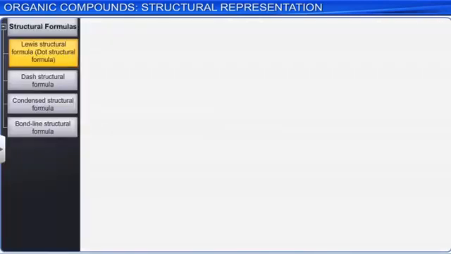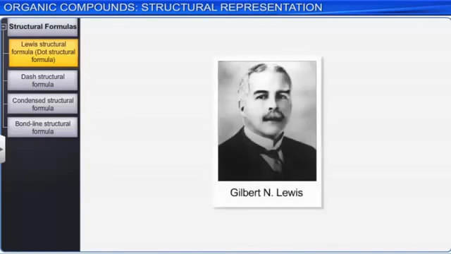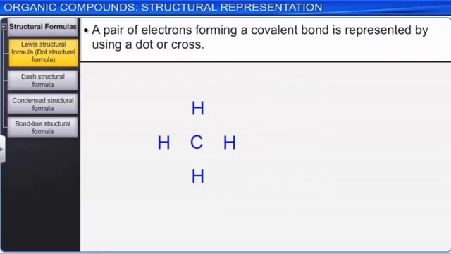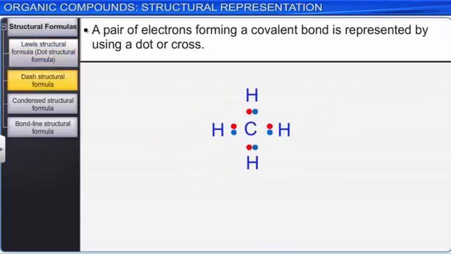The Lewis structure is named after the scientist Gilbert N. Lewis. In Lewis dot structure, a pair of electrons forming a covalent bond is represented by using a dot or cross. However, the Lewis dot structure can be further simplified by representing a pair of electrons by a dash.